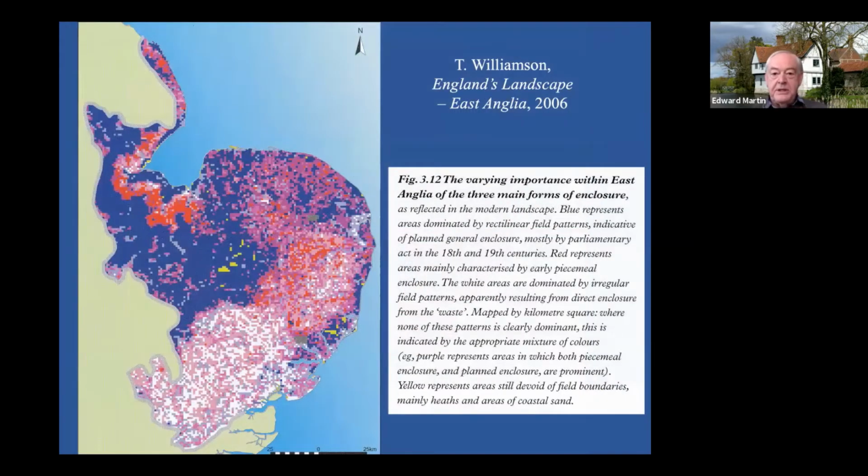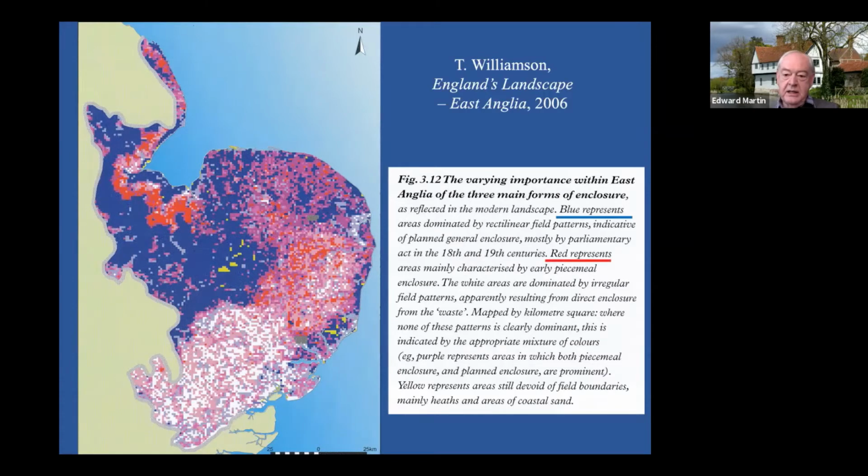This is Tom Williamson's version, really, of what I was trying to do, showing the importance of different types of field enclosure. And so you have blue rectilinear field patterns indicating planned enclosure, what is usually a parliamentary enclosure.